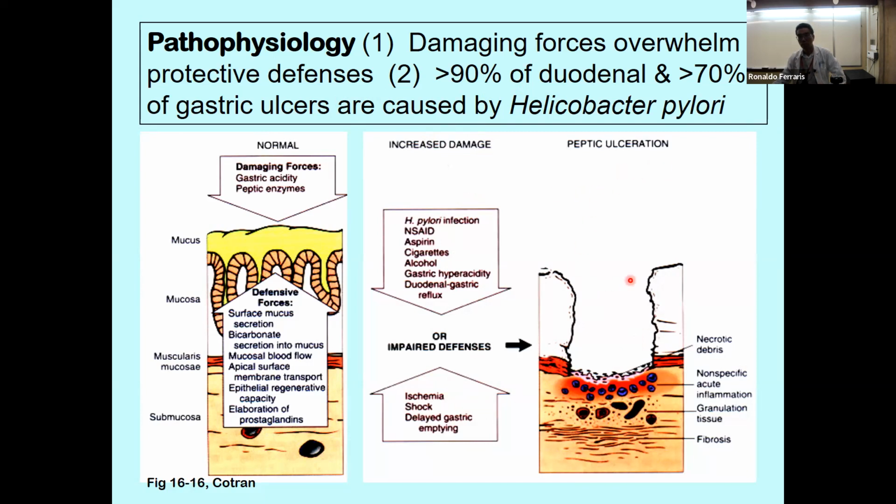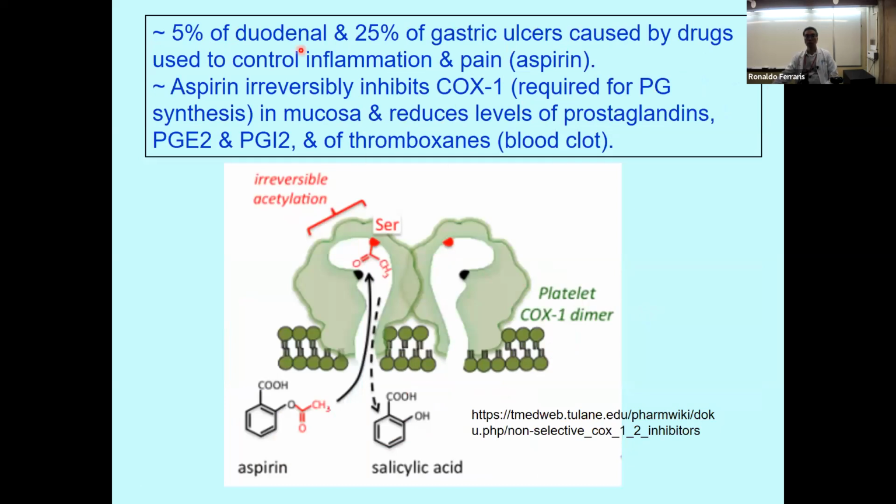So you get ulcers when you have infection, non-steroidal anti-inflammatory drugs, aspirin, cigarettes, all the good things in life, attacking your gastric mucosa here and resulting in an ulcer. A significant number of people with ulcers is due to aspirin. And why aspirin? Well, this is your cyclooxygenase enzyme.